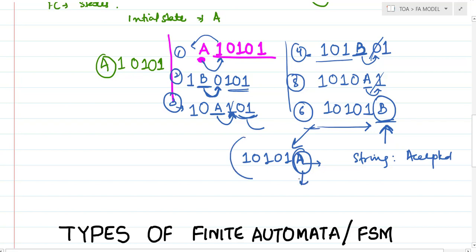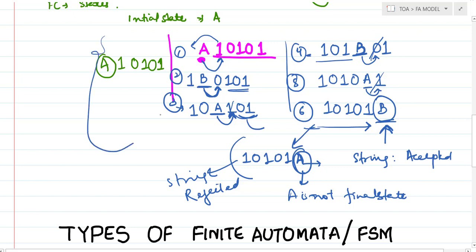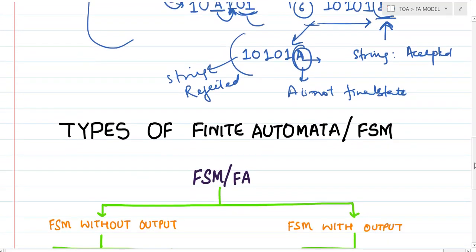In this case, as you can see, A is not our final state, right? So in this case, the string will be rejected. Now you understand how finite automata also reads the string. This is the way how the string is being read. Okay, I hope it is clear to you.